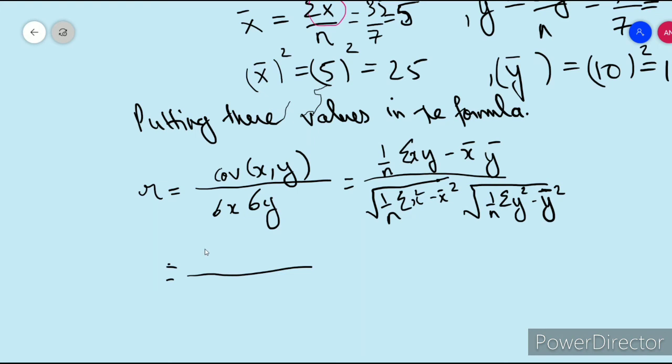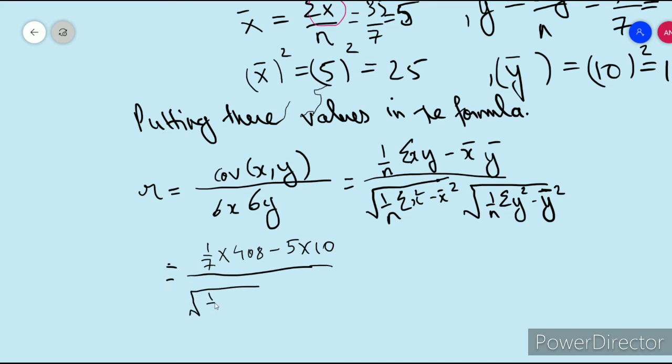So this is 1 by 7 into 408 minus 5 multiplied by 10. Then here we have the square root of 1 by 7 into 203 minus 25, into 1 by 7 into 830 minus 100.